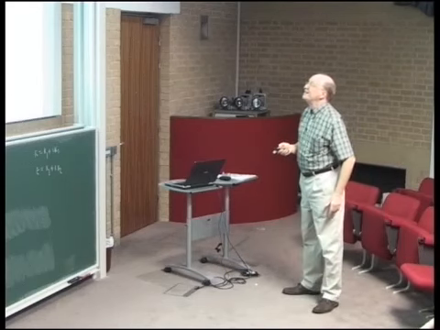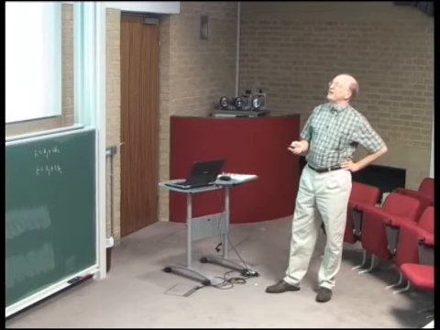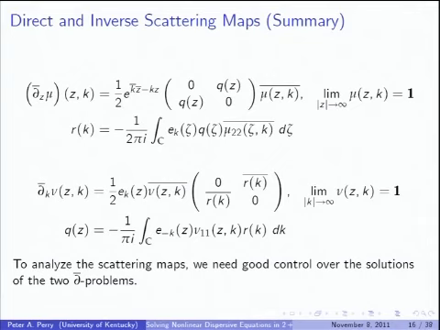Okay, so here's the summary. I'm now going to cheat you a little bit by writing out an integral formula for R of k and Q of z instead of the asymptotic formula.